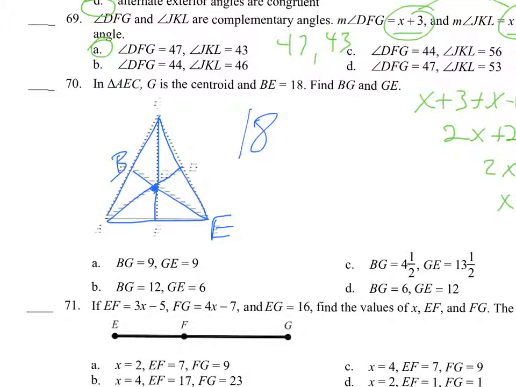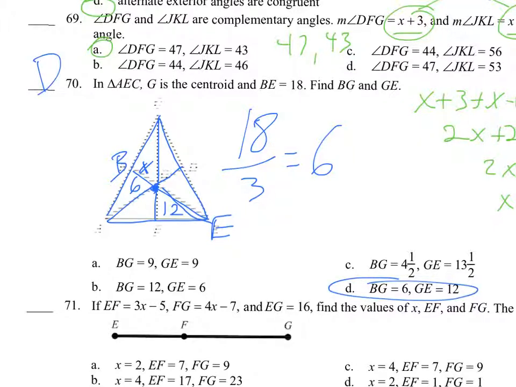Well, this part right here, that X, it's 1/3 of the entire segment. So we can divide that by 3, which is 6. So that segment is 6. Now the other part of the segment is twice as big as the small one, which would make that 12. So BG is 6 and GE is 12.